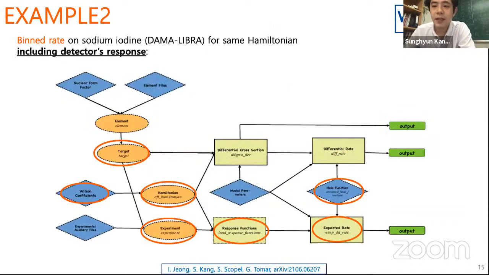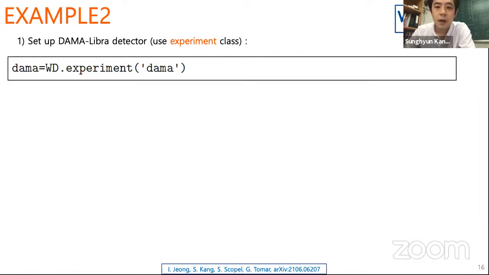Now we can calculate the rate on sodium iodine for the same Hamiltonian, including the detector's response. In this case, we need Wilson coefficients, Hamiltonian, experimental information, response functions, and Hollow functions. First of all, one can set up the experiment class using a command like here.